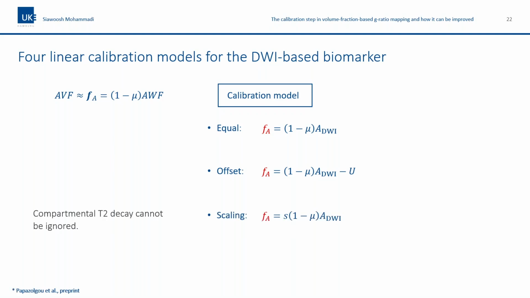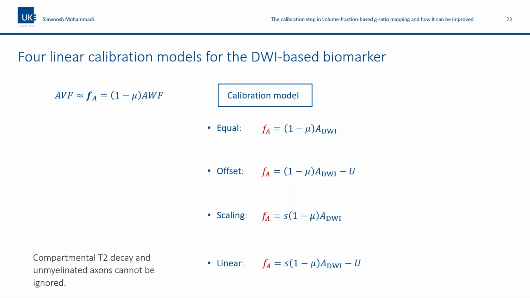The other thing that Jennifer mentioned was the compartmental T2. And we showed in this preprint that it can be approximated in the first order as a scaling factor, to account for compartmental T2 on a global level in your data. And finally, the last model we will consider is, again, a linear model where you have scaling and offset for diffusion data as well.